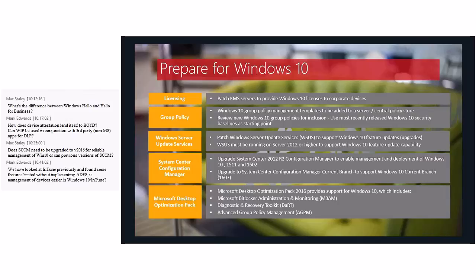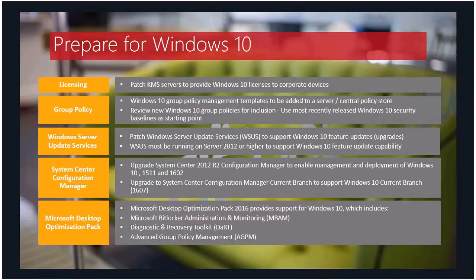But after the 15.11 version of configuration manager, you now receive 6 monthly updates which will appear in the config manager console. So if you decide that you want to deploy Windows 10, the anniversary edition, then you need to have configuration manager running the equivalent version as well.